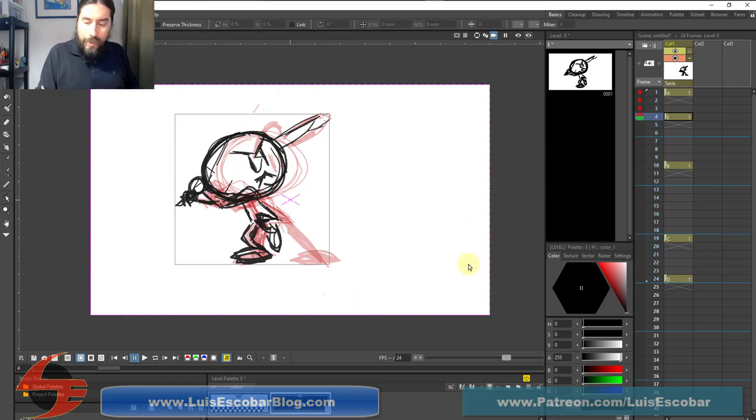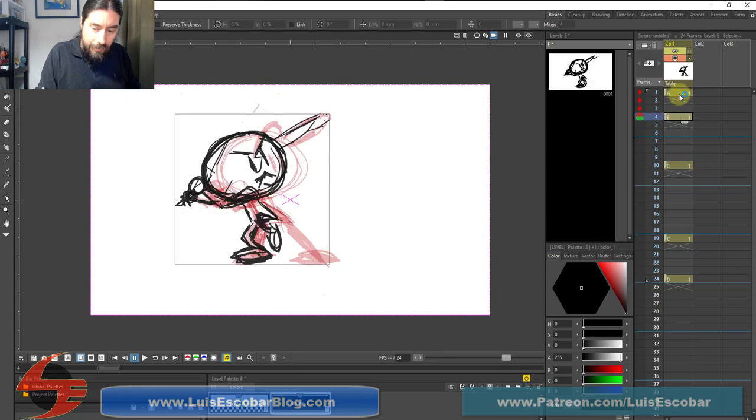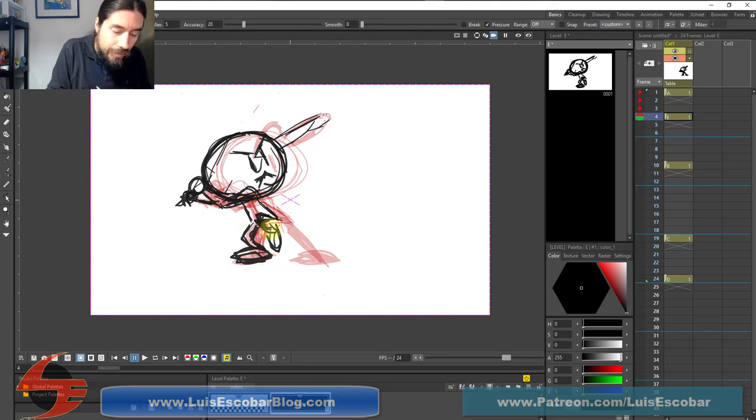Now, if this was paper, I would have had to repeg it and or cut out this chunk of paper and reposition it. But there's no reason to be even talking about paper anymore when it comes to hand-drawn animation.